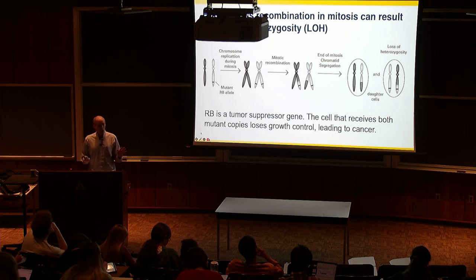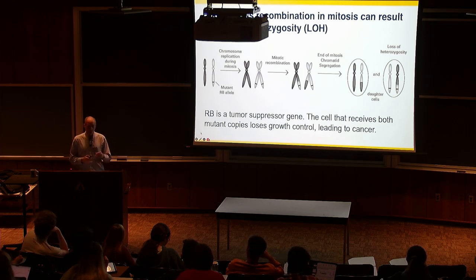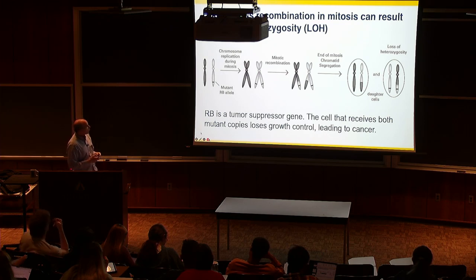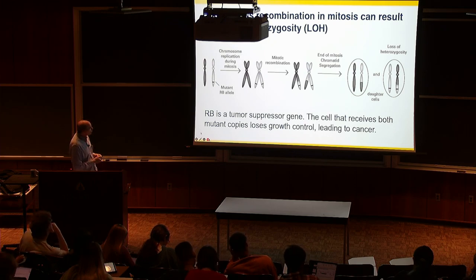And BRCA1 is an example of one of these. If you inherit one mutant copy, you're at high risk for breast and ovarian cancer, or if you're a male, for various cancers, including breast cancer in males. And the reason that you're at high risk is because a mitotic recombination between the chromosomes can lead to cell progeny that are homozygous for the mutant form.